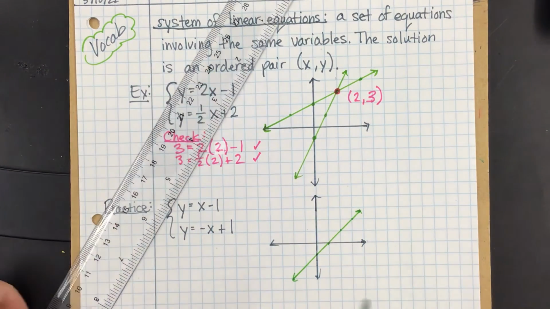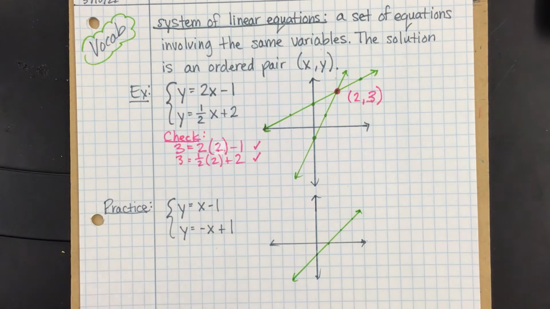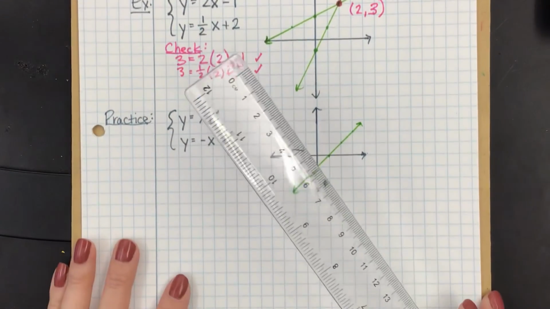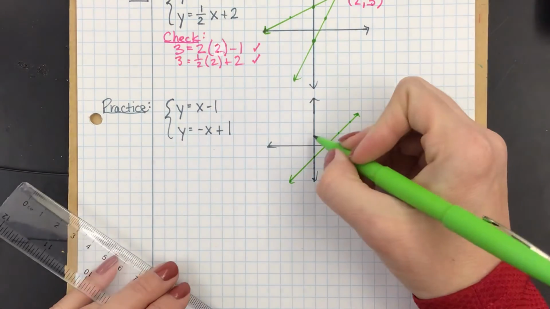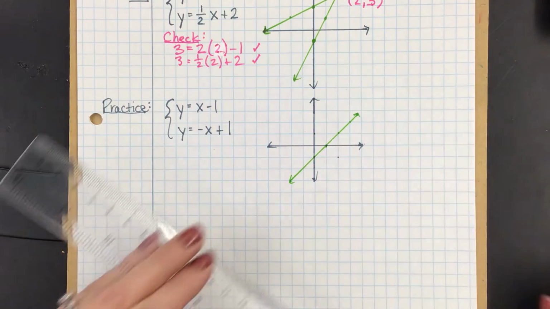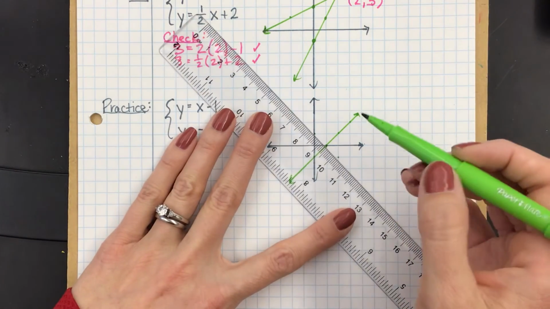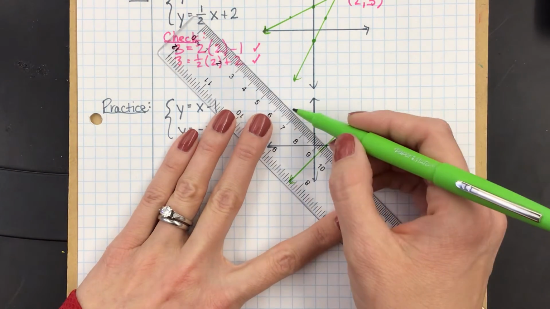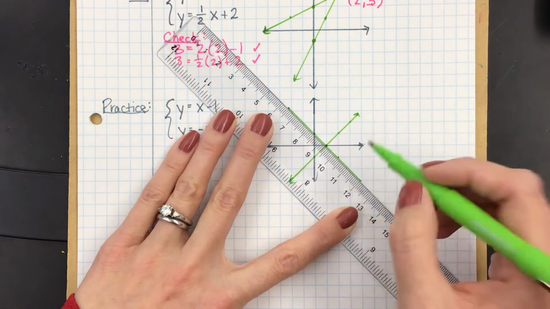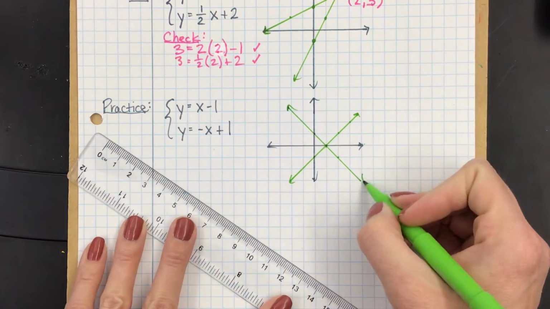What is the point you guys got? (1, 0). Okay, let's check it out. Yeah, that looks good.